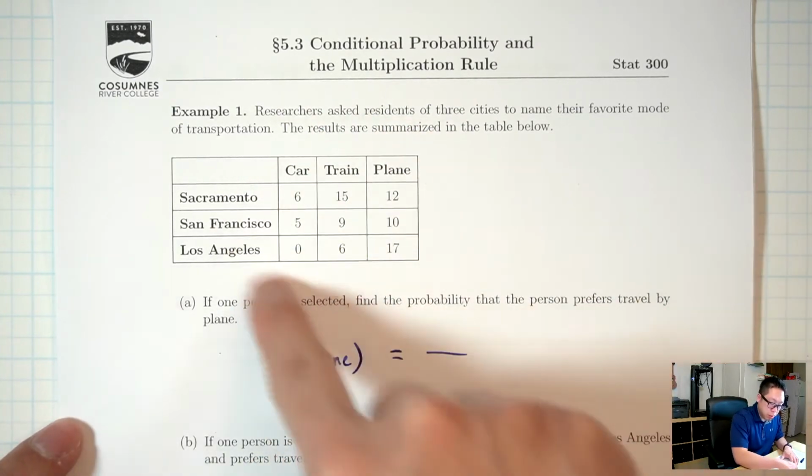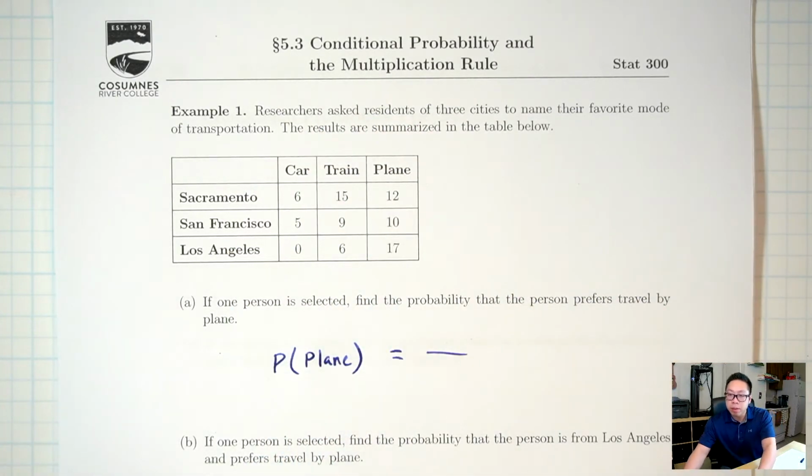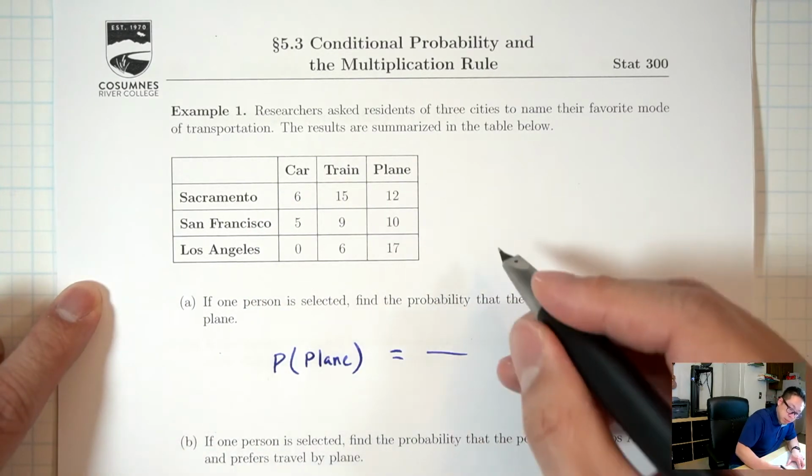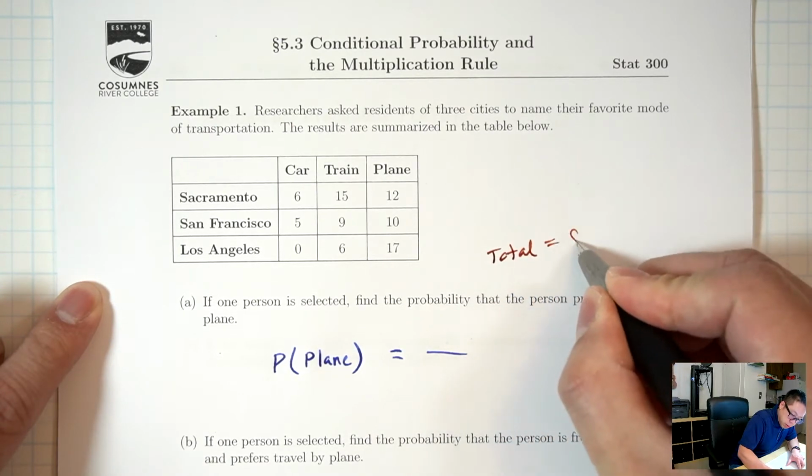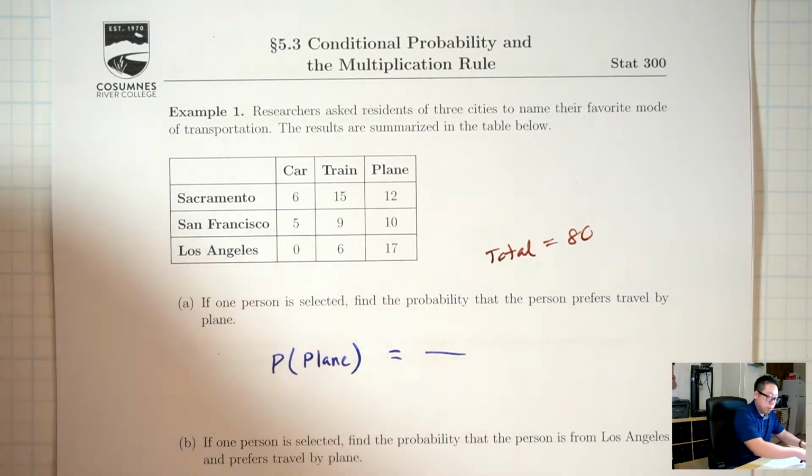So add up all these numbers. 6 plus 15 plus 12, plus 5 plus 9 plus 10, plus 0 plus 6 plus 17. And that's 80. So there's 80 people represented by my table. And that's going to be my bottom number.